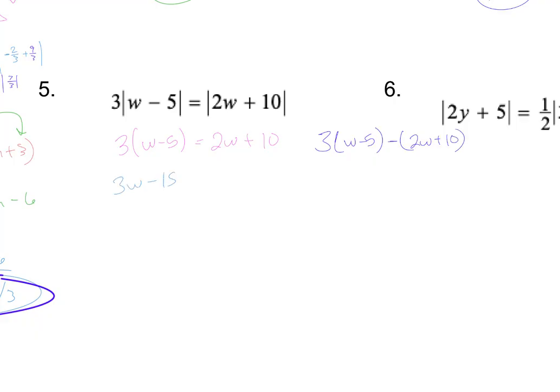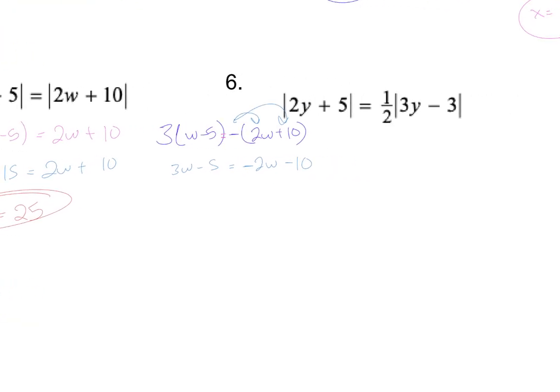3w minus 15 equals 2w plus 10. Might as well just keep on writing negative 2w minus 10, right? Because I'm distributing this negative. Also, it appears that I've not written my equal sign. Wasn't being very cautious there. Now I'm going to subtract 2w to get w. I'm going to add 15 to get 25.